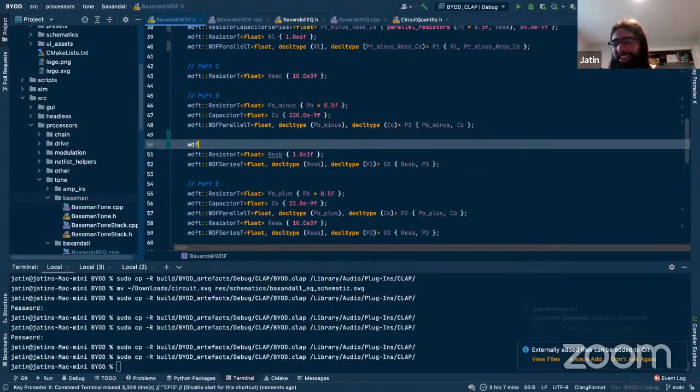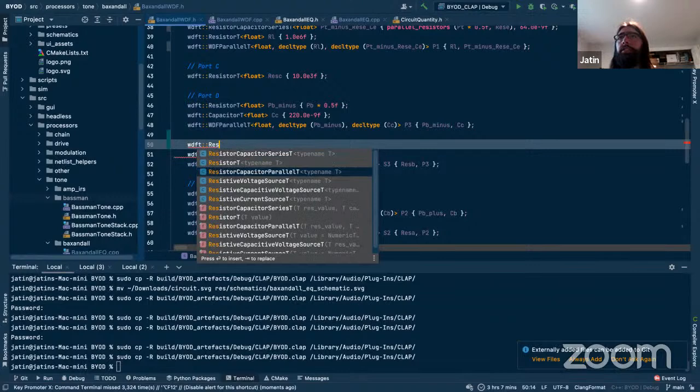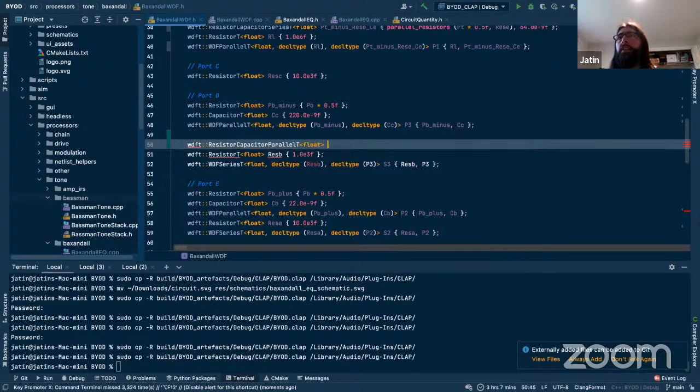It's fun for me. So yeah, here we want to have a resistor and capacitor in parallel. This will be PB minus and CC. And again, we can do our values here. So this will be PB times 0.5, and this will be 220E minus 9.